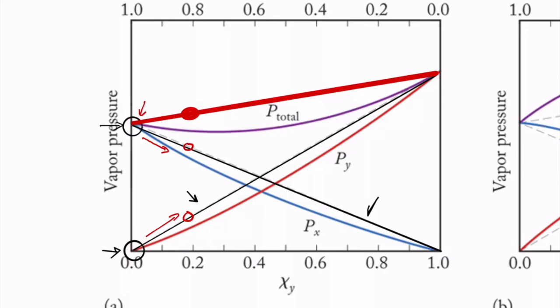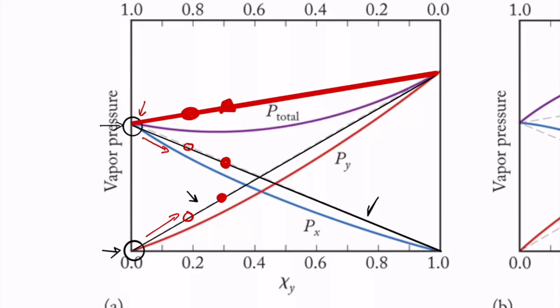An ideal solution means that you can calculate what these particular vapor pressures are, you add them up, and they end up being what you expect. So if you added up those numbers, that's what you would get.